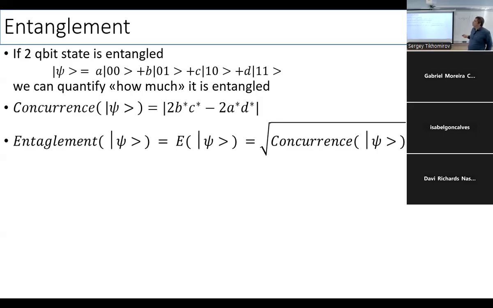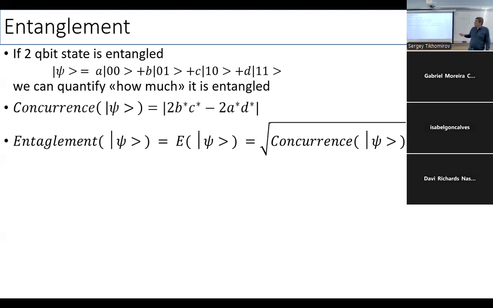So let us look at a 2-qubit state. We know that it could be a direct product state or it can be entangled. And let us measure whether it is entangled a bit or entangled strongly. We remember that it is a direct product if and only if the product BC and the product AD are equal, so such an expression is equal to 0.